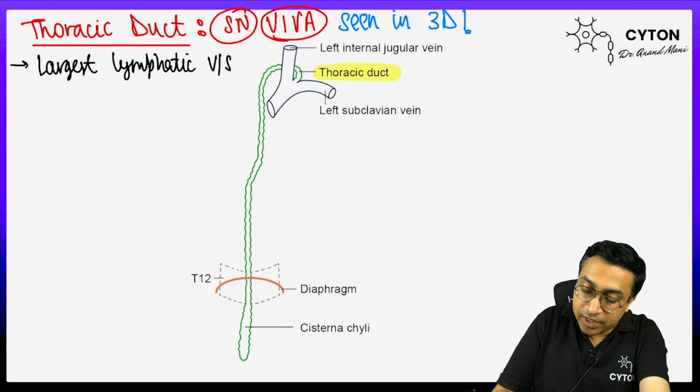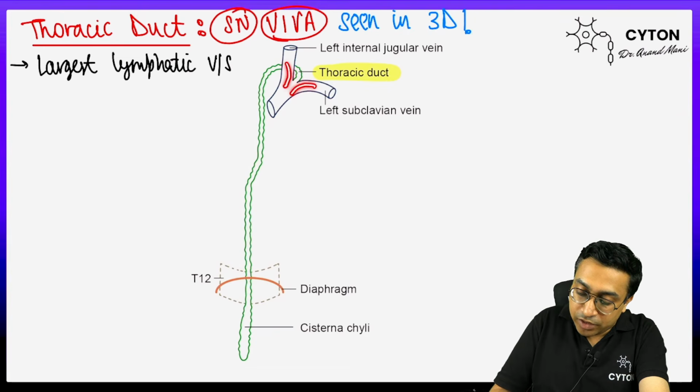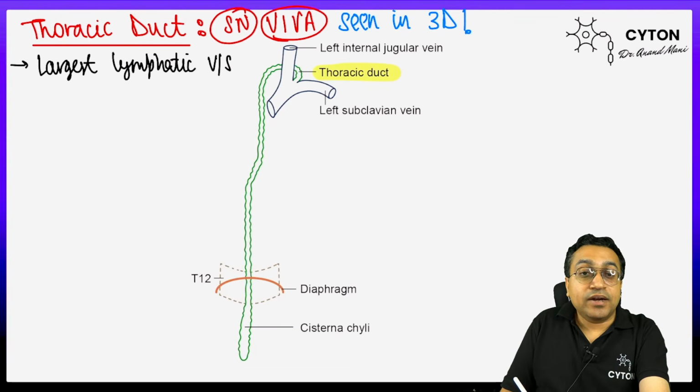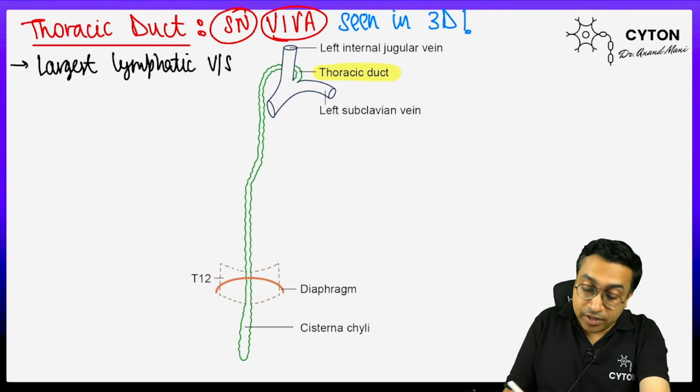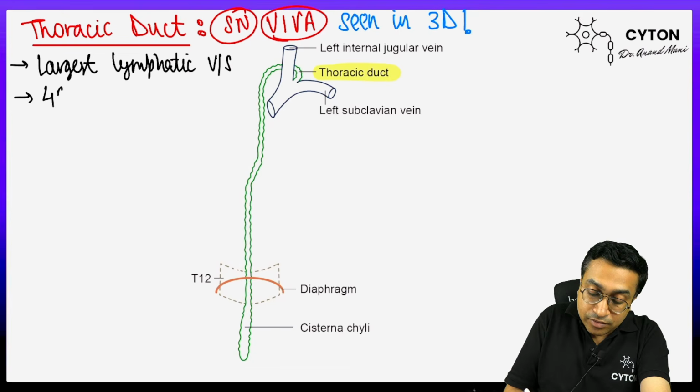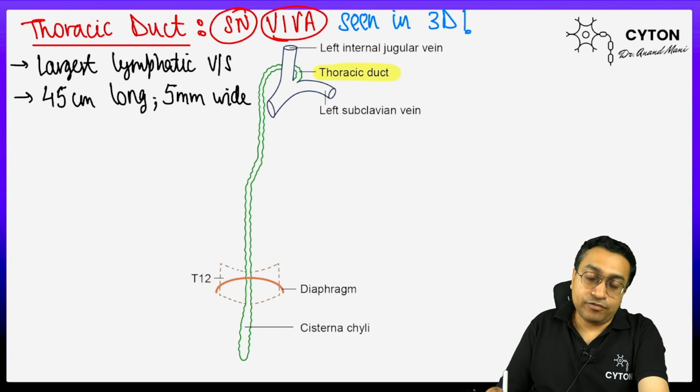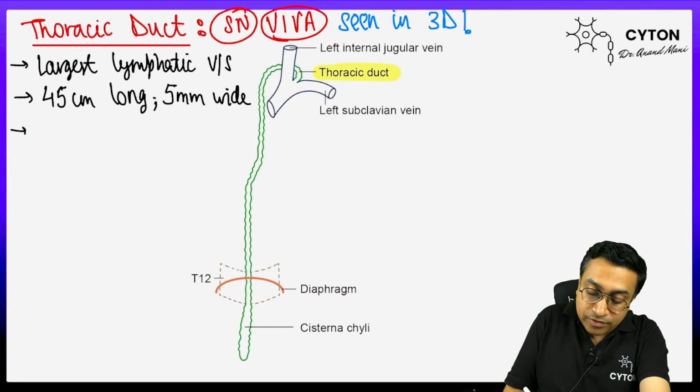And this is the angle which I was talking about, okay. So subclavian vein and internal jugular vein, so at this angle this is entering, okay, and it is about 45 centimeter long, 5 mm wide.